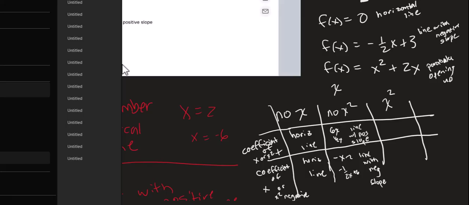If the x squared has a positive coefficient like x squared or 3x squared, then that's a parabola opening up. Doesn't matter if it has an x or a number, and the x or the number could be plus or minus, but as long as the x squared is positive, it's a parabola opening up. If the x squared is negative, then it's a parabola opening down.